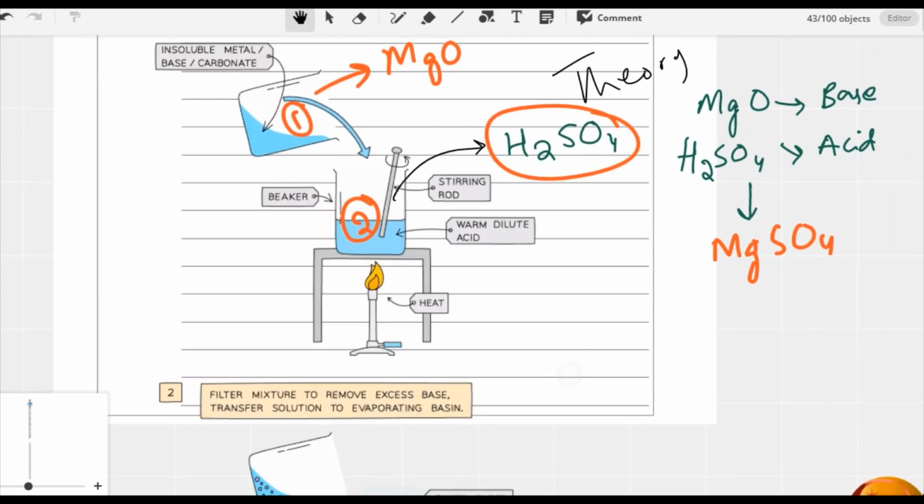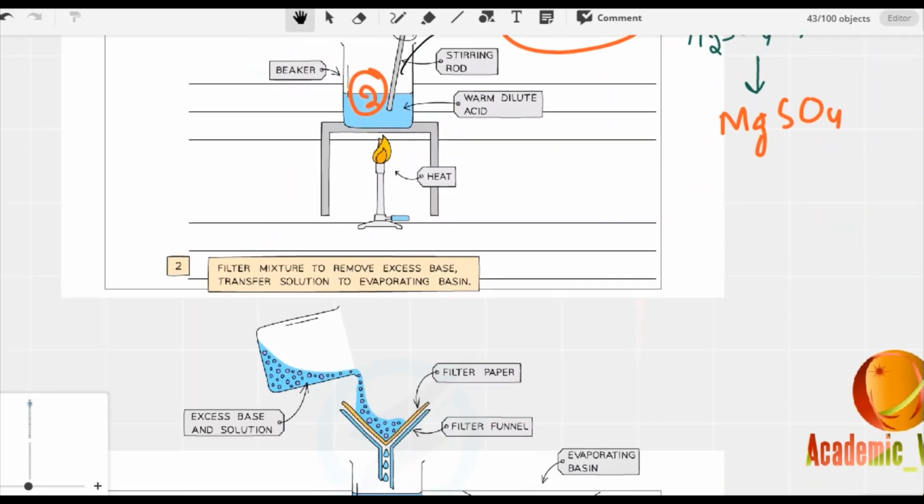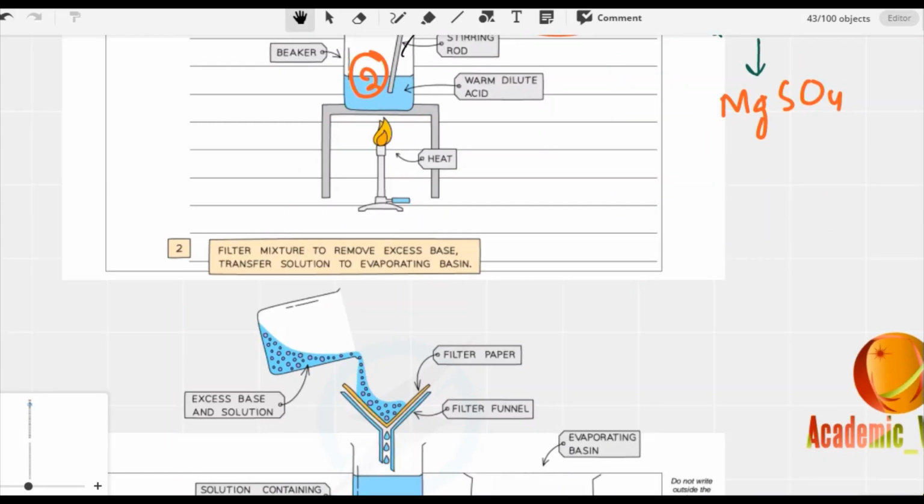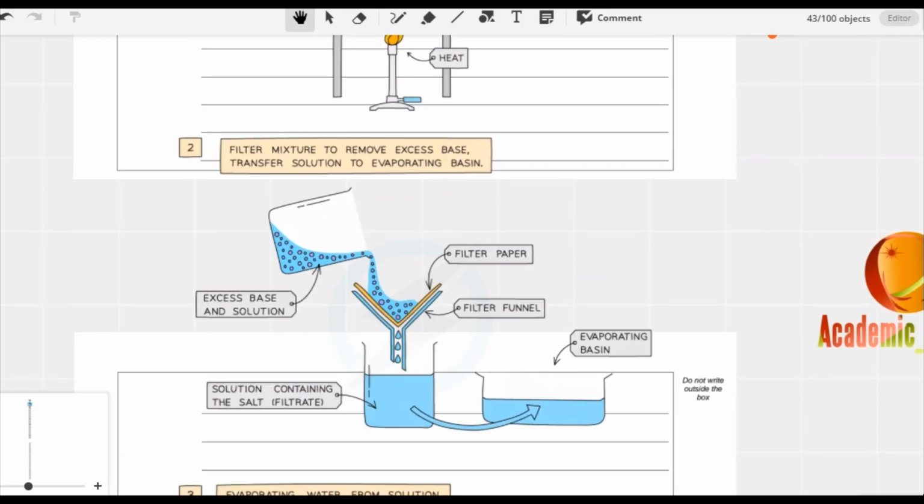And now we need to slowly add the magnesium oxide into the warm dilute acid. After stirring, step 2 is to filter the mixture to remove excess base, like the magnesium oxide, and transfer the solution to an evaporating basin.